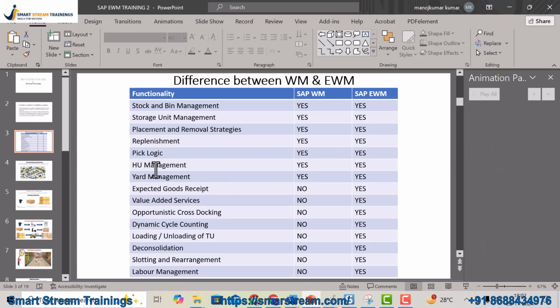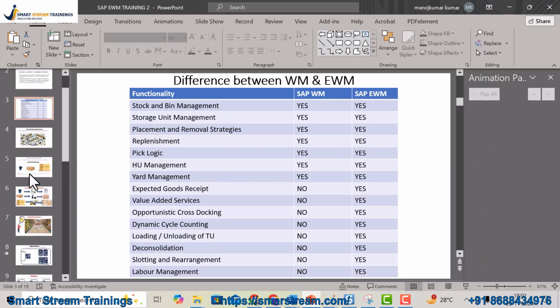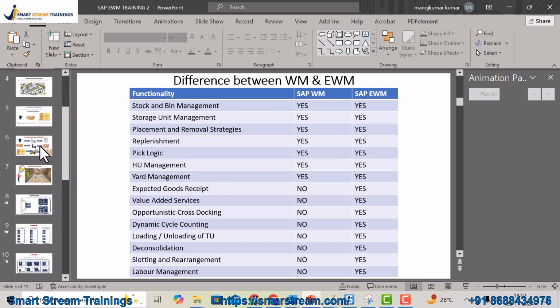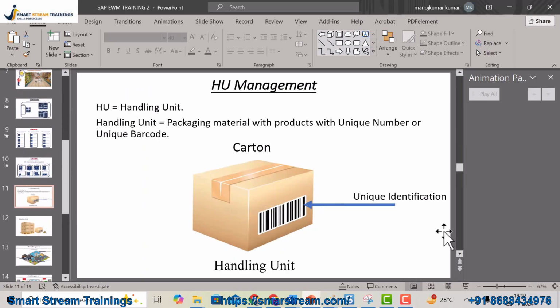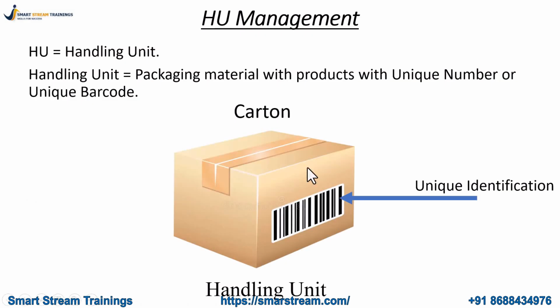Now we are going to explore what HU management is. HU is the handling unit. You might have heard the words handling unit, but for newcomers to warehouse or SCP, it can be a bit tricky to understand for a few days.